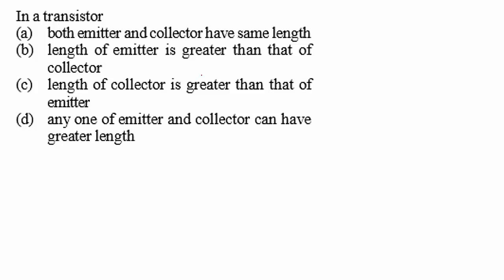Remember, in a transistor, if I consider an NPN transistor, this is the collector and this will be the emitter, and here I can draw the base, right, for the NPN transistor.